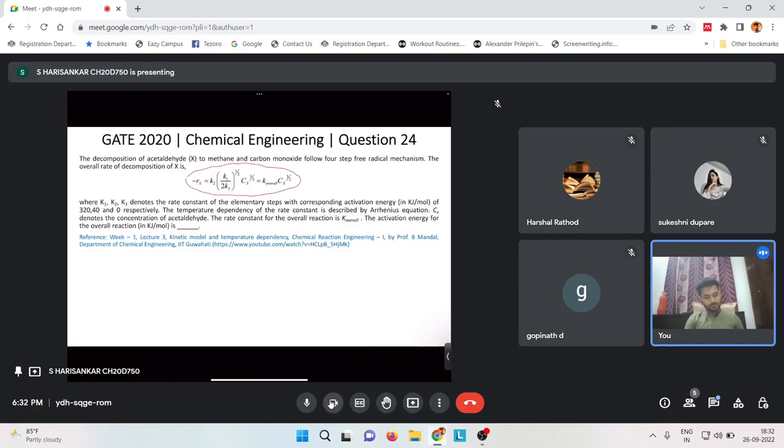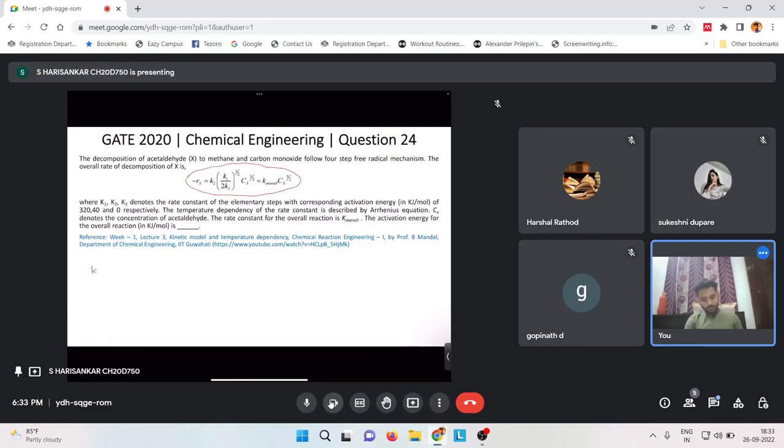Step 1, or K1, has an activation energy of 320, K2 has an associated activation energy of 40, and K3 has an associated activation energy of 0. So from these data we need to find the overall activation energy, or the activation energy for the overall reaction, right? So let us write the rate constants that are given here.